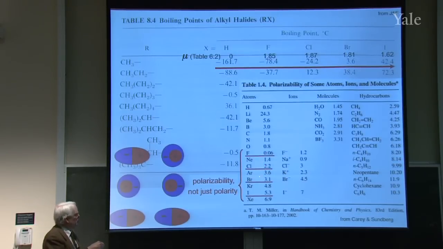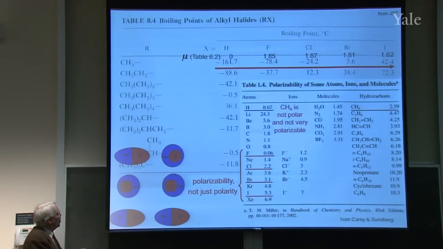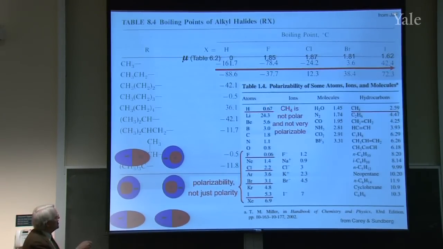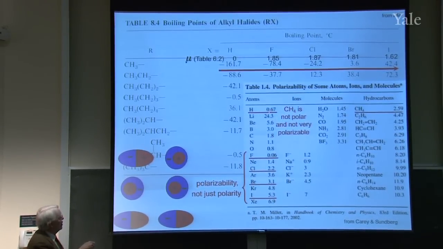But chlorine distorts more, bromine and iodine the most because it has the most electrons, the most weakly held, right? And CH4 is not polar, and also it's not very polarizable, given that it's 5 atoms and these are just 1 atom.